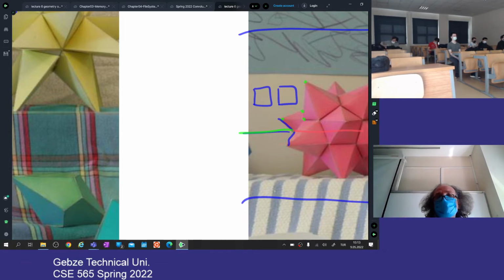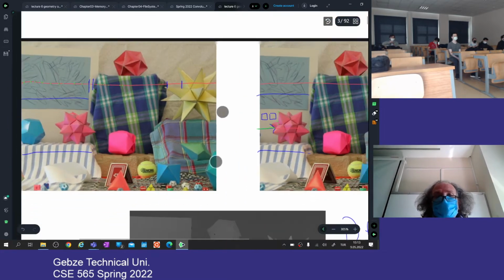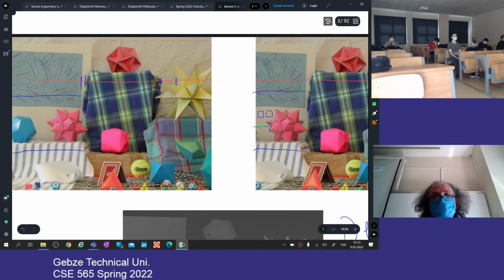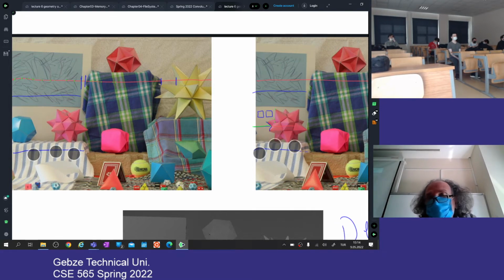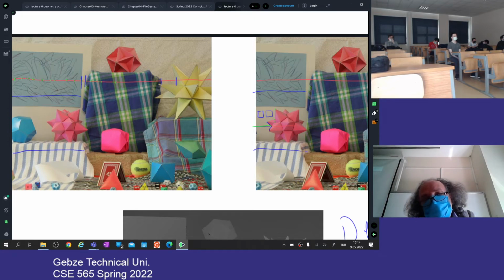So maybe the solution would be to find the surface discontinuities, and say that I am going to run my dynamic programming based algorithm on this region and on this region, and that will work fine. Beyond those regions, I am going to run other dynamic programming based stuff.